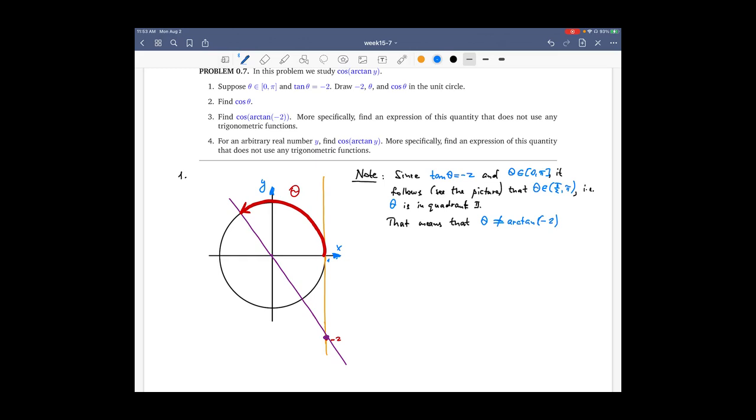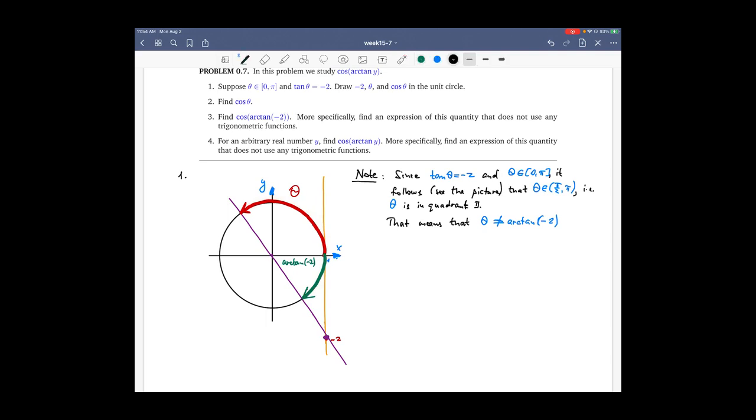Remember, arctangent by definition is between -pi over 2, pi over 2. Theta is outside that range. In fact, this angle here is arctangent of -2. And immediately we see the relationship between them.